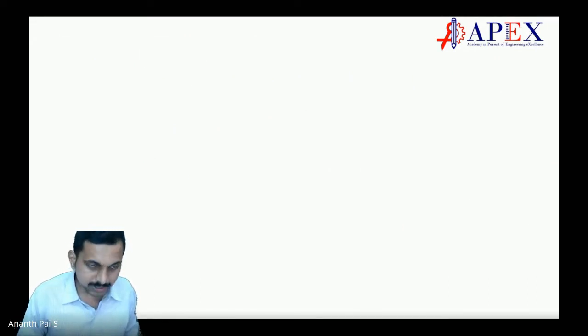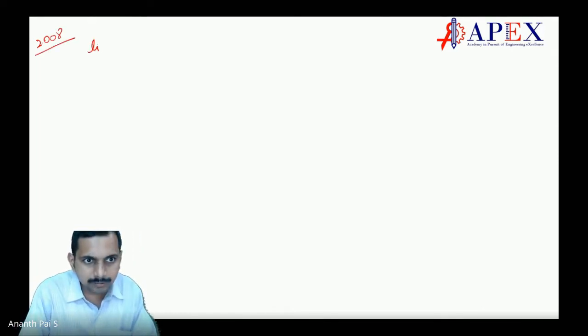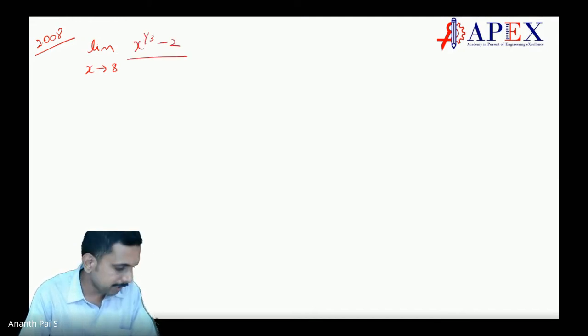Next problem is like this. Okay. The question is, this has come in GATE 2008 again. Okay. The question is like this. Limit x tending to 8, sorry, not infinity, x tending to 8, x raised to 1 by 3 minus 2 divided by x minus 8.